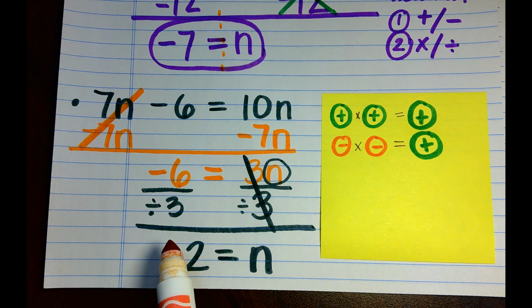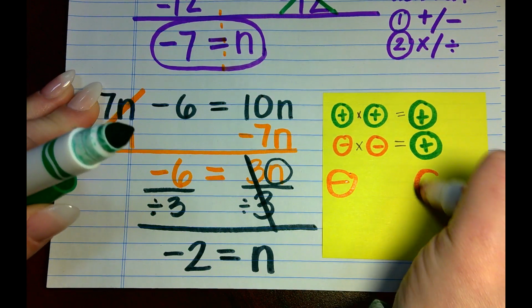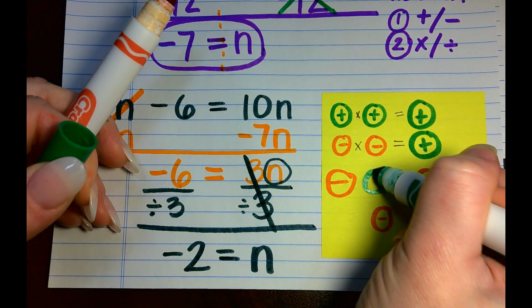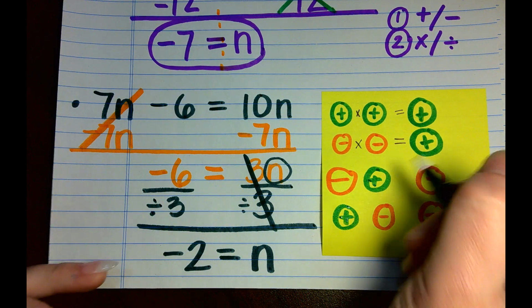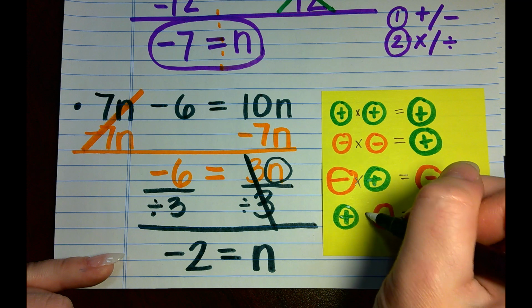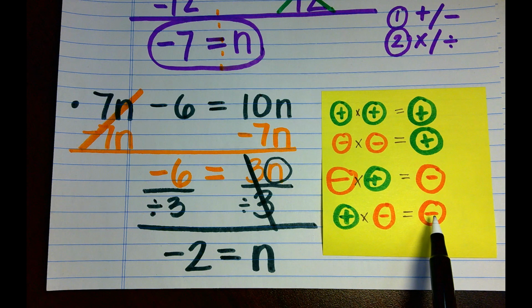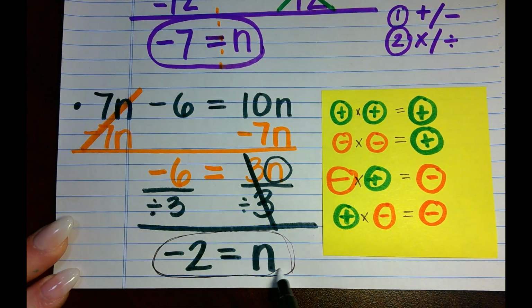The signs are different, so our answer is negative. This is like the little chart I like to draw. Same signs, positive. Different signs, negative. So we got -2 for n on this problem.